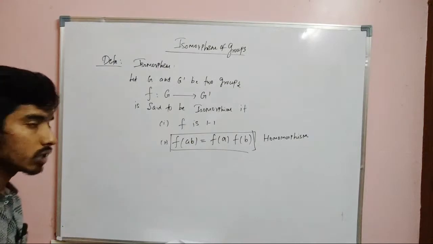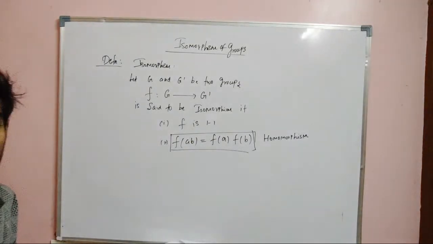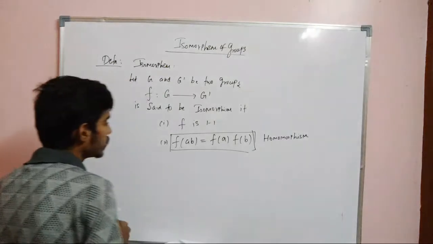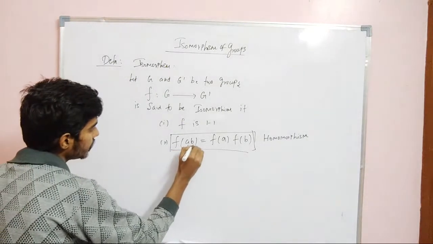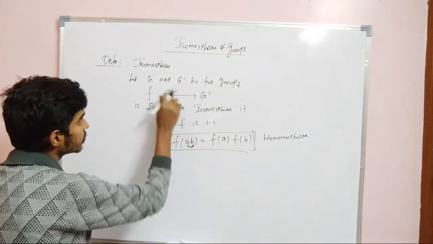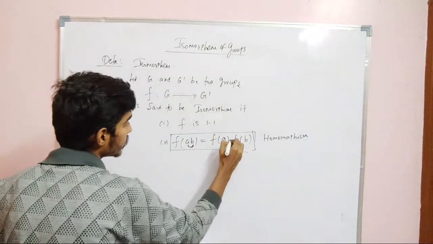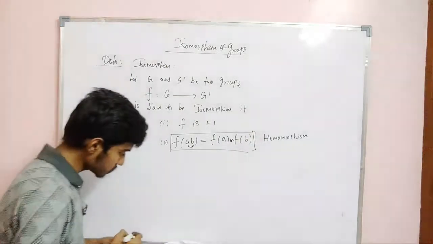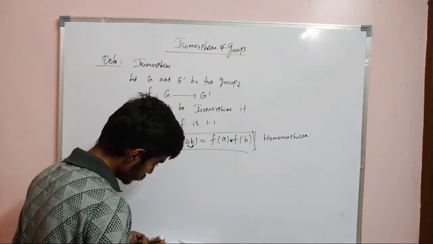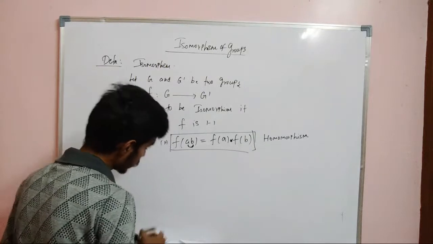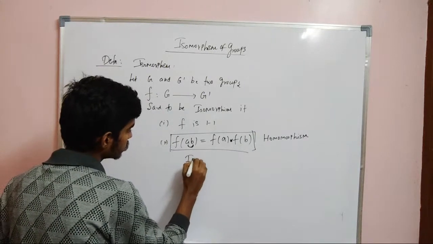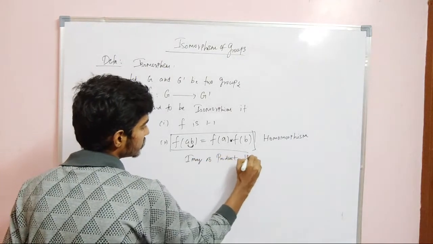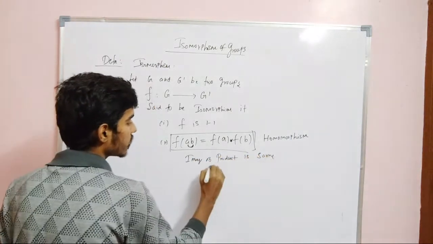In F of AB, AB is the operation that we are defining in G, and this operation is defined in G dash. That is, the image of the product is the same as the product of the images.